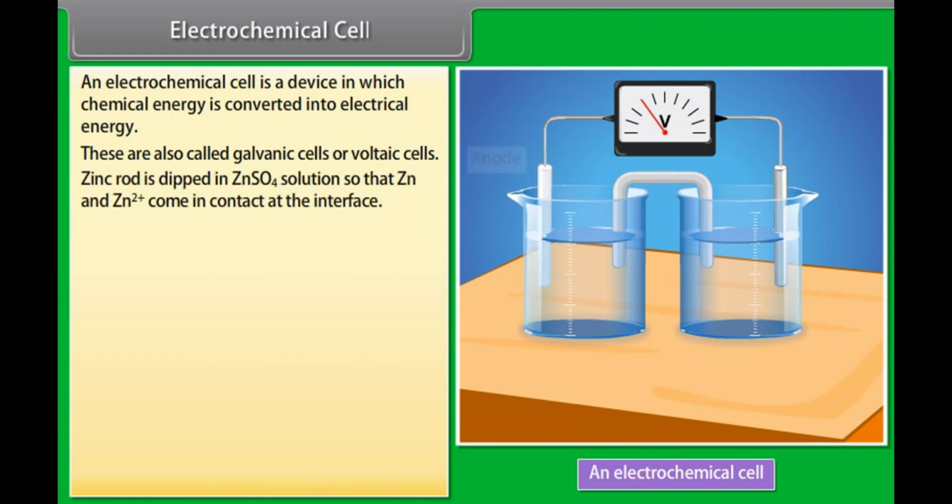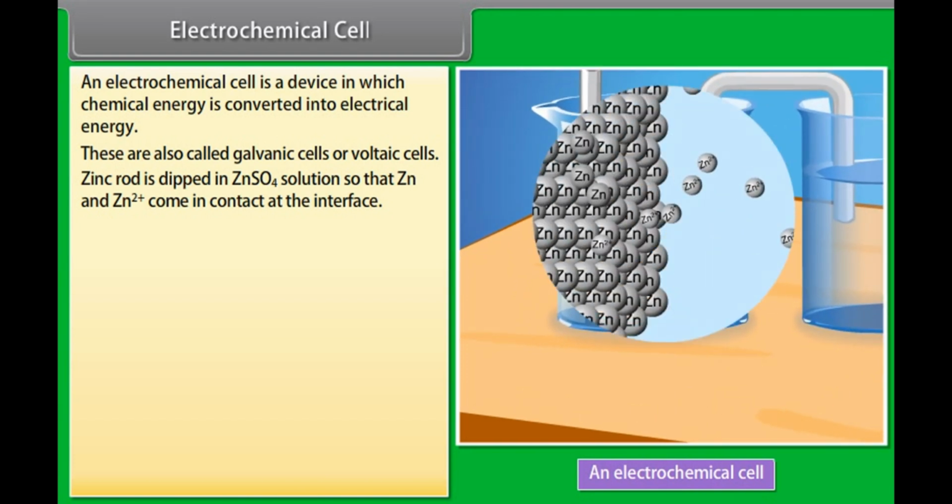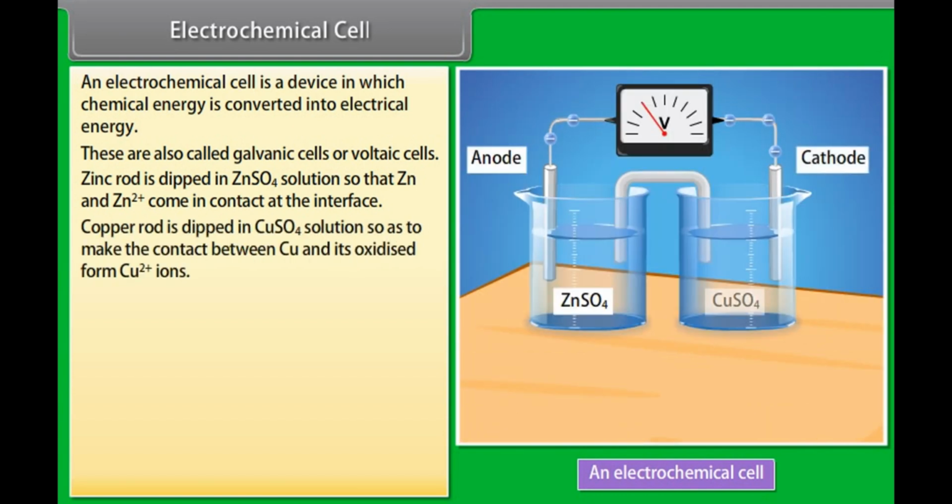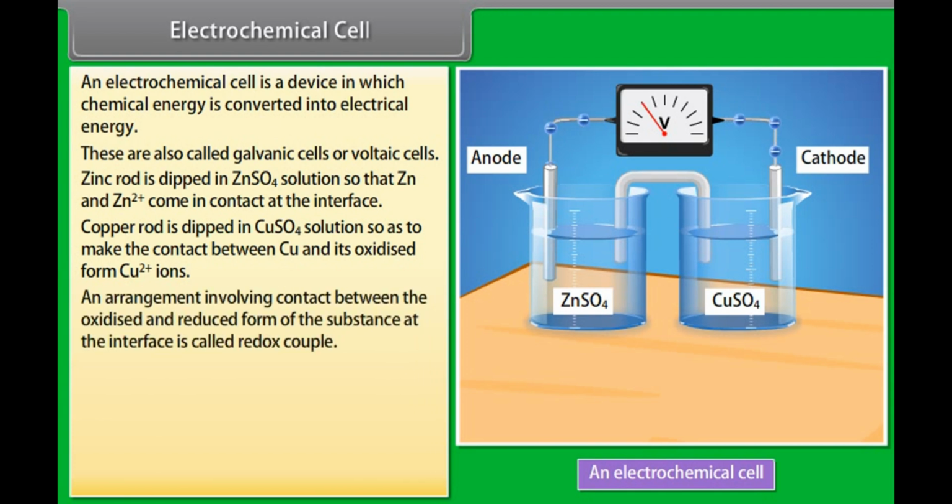Zinc rod is dipped in ZnSO4 solution so that Zn and Zn2+ come in contact at the interface. Copper rod is dipped in CuSO4 solution so as to make the contact between Cu and its oxidized form Cu2+ ions.